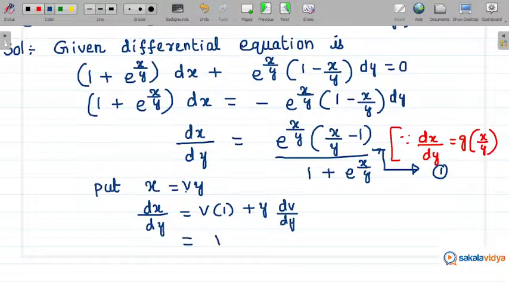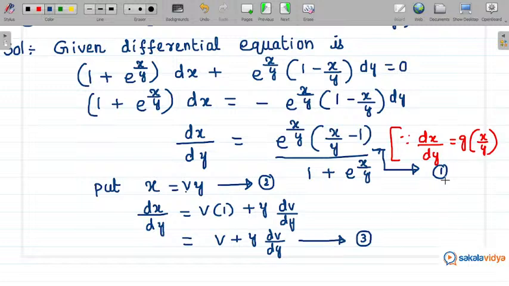So this we can write as v plus y dv by dy. Say this is equation 2, and this is equation 3. Substituting 2 and 3 in equation 1 now.